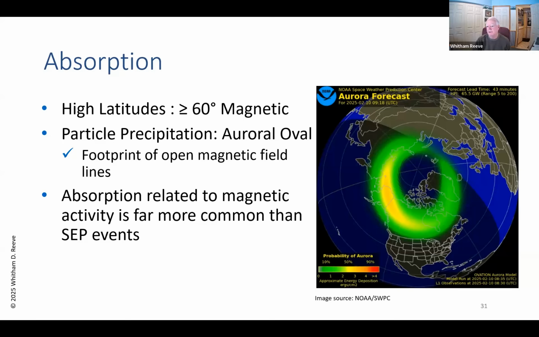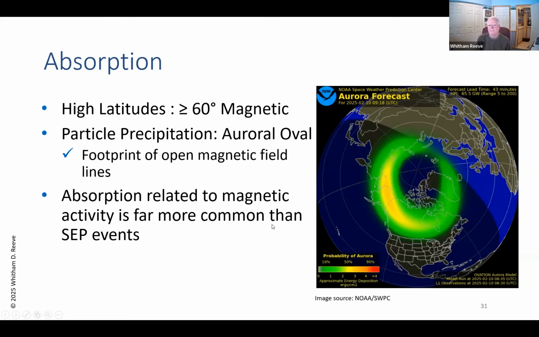During magnetically quiet times, the oval will shrink and become just a fairly thin band at very high latitude. But whenever there's a disturbance, it'll expand as shown here in this plot.